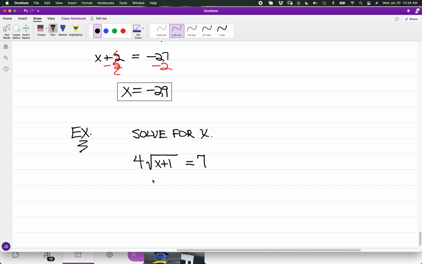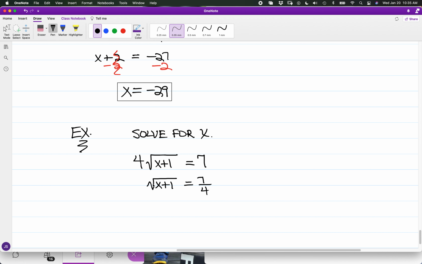Now I can isolate the square root of x plus 1 if I divide the equation by 4. This is going to be optional. Here we have the square root of x plus 1 is equal to 7/4. So I have an even root radical set equal to a positive constant, and so there is at least one solution in x.